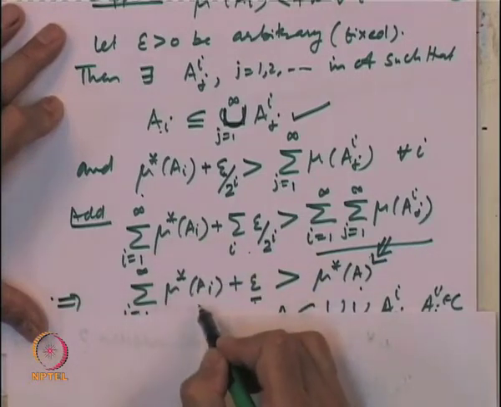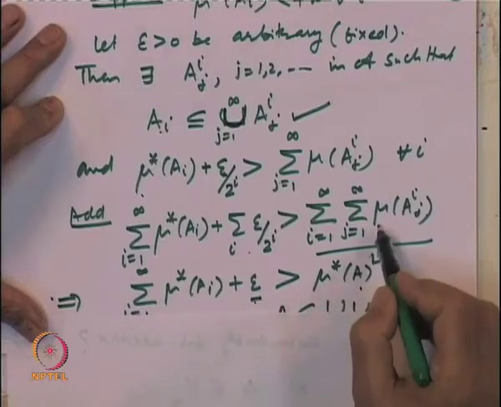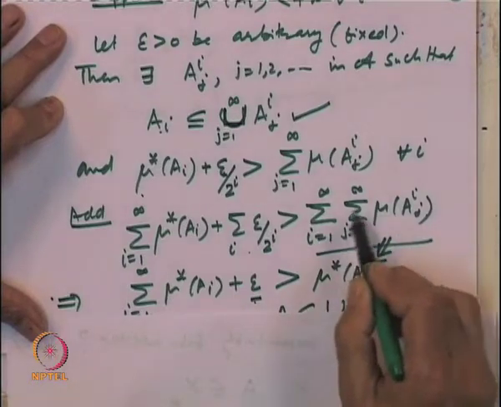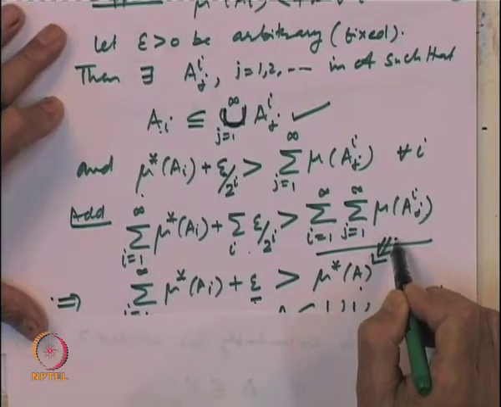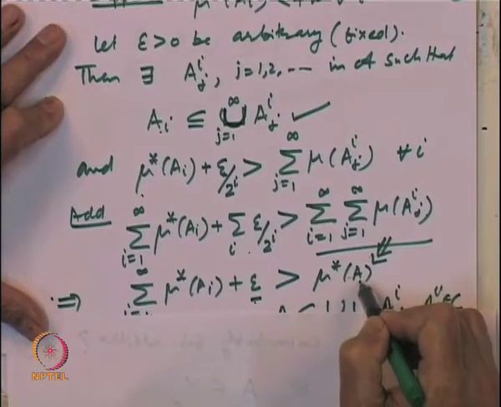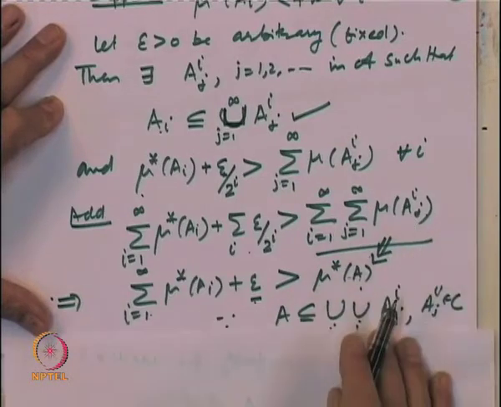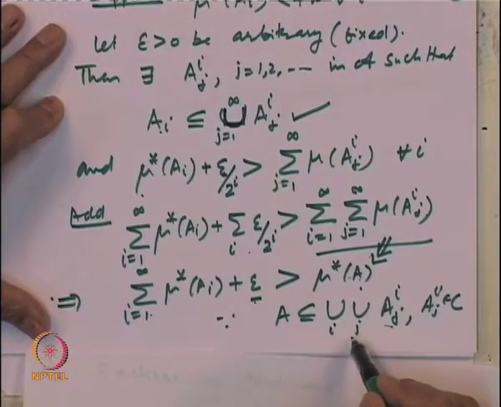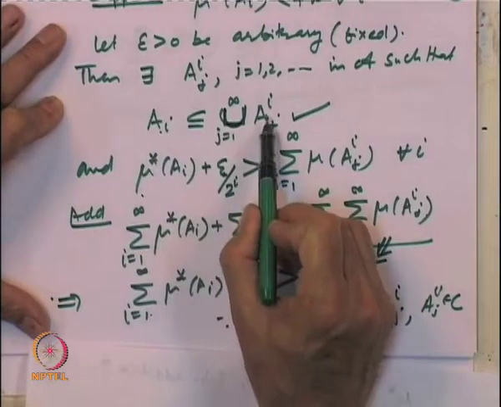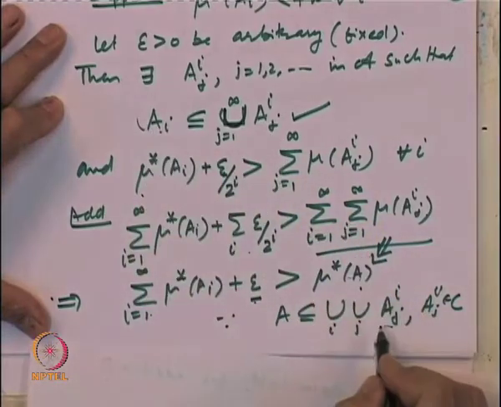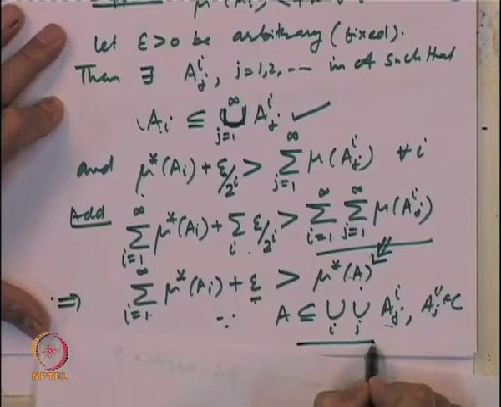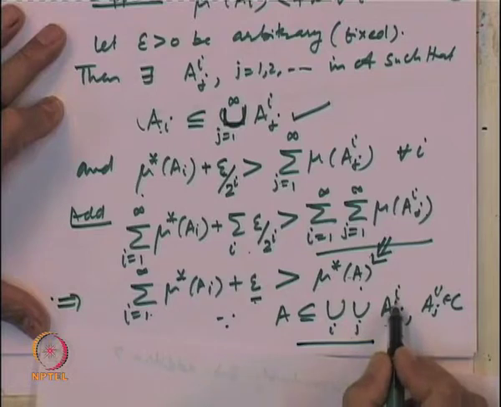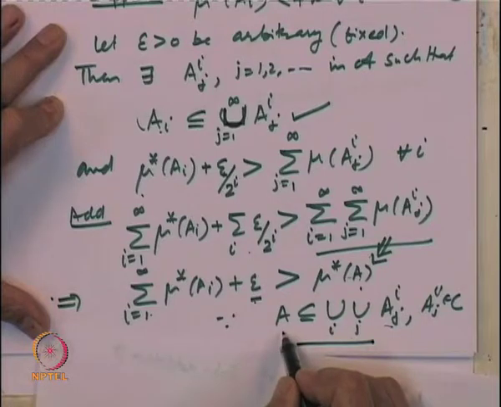So, this is summation mu star of A_i plus epsilon, and the quantity on the left is an approximate size of A, that is, this is bigger than or equal to mu star of A. Mu star of A is the infimum over all such numbers, because A_i is covered by the A_ij's. So, the union over the A_i's will be covered by this union and A is inside it. So, this implies that the summation over i and j of mu of A_ij is bigger than mu star of A.